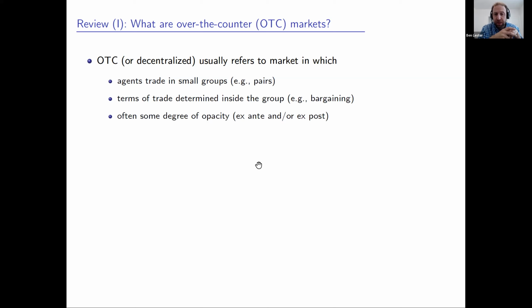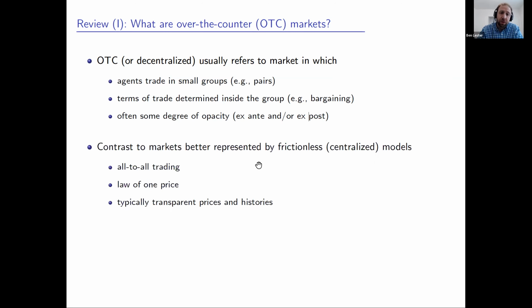So in many OTC markets, there's not a particular place where you can go and see the existing prices. You have to reach out to dealers or counterparties to find out at what price they would be willing to trade. And at the same time, in many cases, although this has changed with the introduction of different types of regulation over the years, the history of trades is also not always fully transparent.